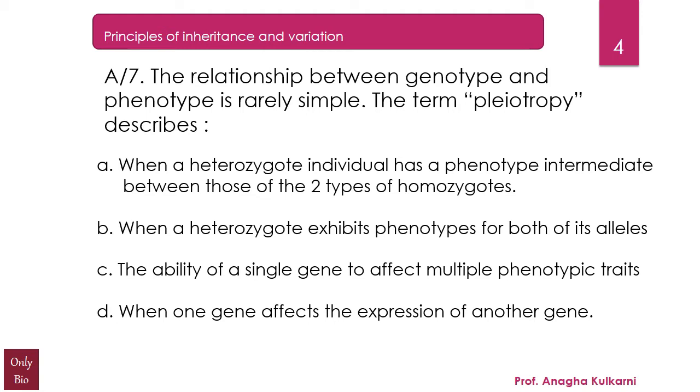This occurs when one gene shows two or more phenotypic expressions. Such a gene is called as a pleiotropic gene. So I hope you can now guess the answer. The answer is C. The ability of a single gene to affect multiple phenotypic traits.